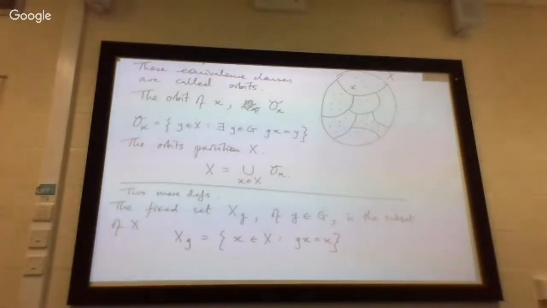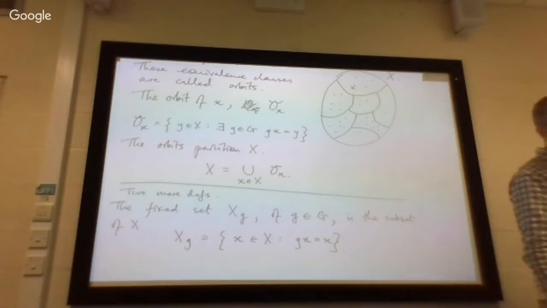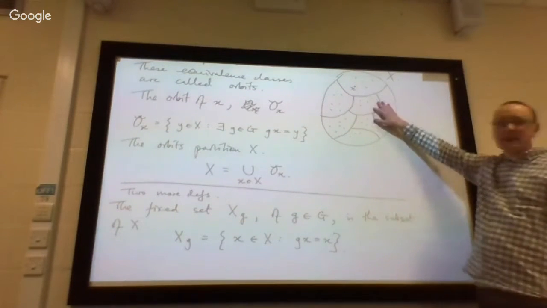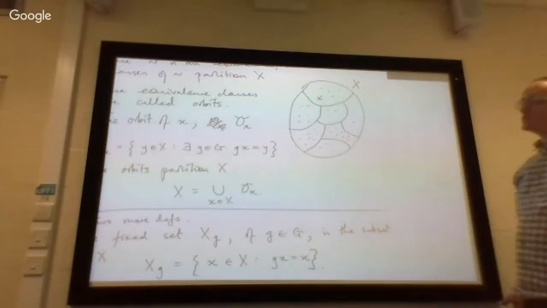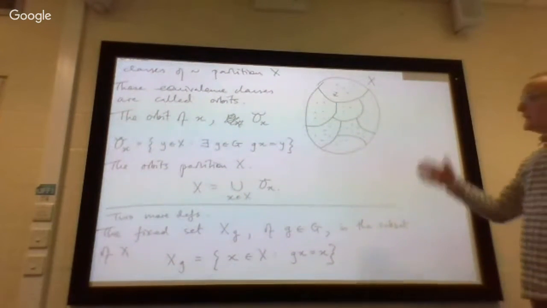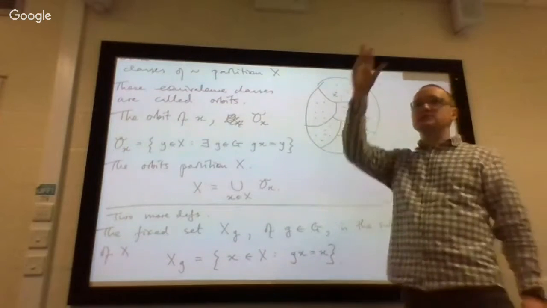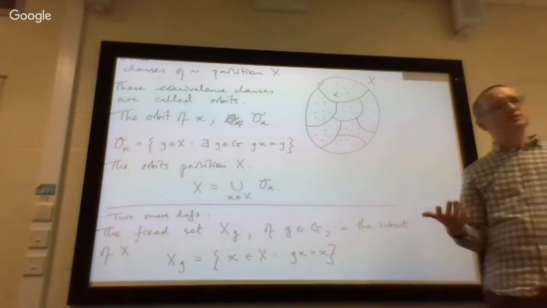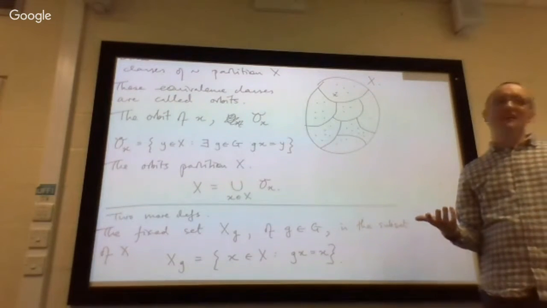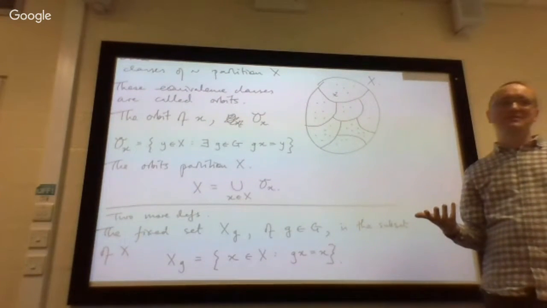Fixed set will be a useful device, which we'll refer to in due course. So again, that's a subset of the set X we're acting on. So also associated to a group action, we can have meaningful subsets of the group. Now, what do I really mean by meaningful subsets of the group? What are the meaningful subsets of the group?